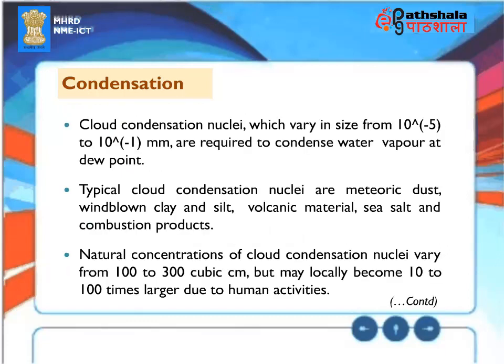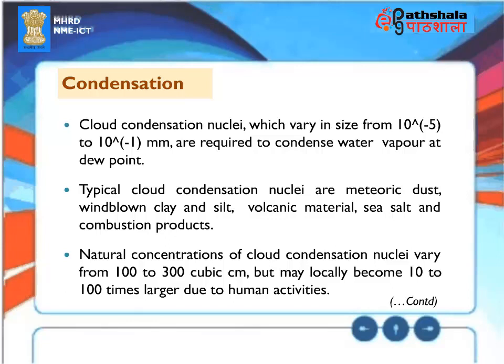Cloud condensation nuclei, which vary in size from 10 to the power of minus 5 to 10 to the power of minus 1 millimeter, are required to condense water vapor at dew point. Typical cloud condensation nuclei are meteoric dust, wind-blown clay and silt, volcanic material, sea salt, and combustion products.